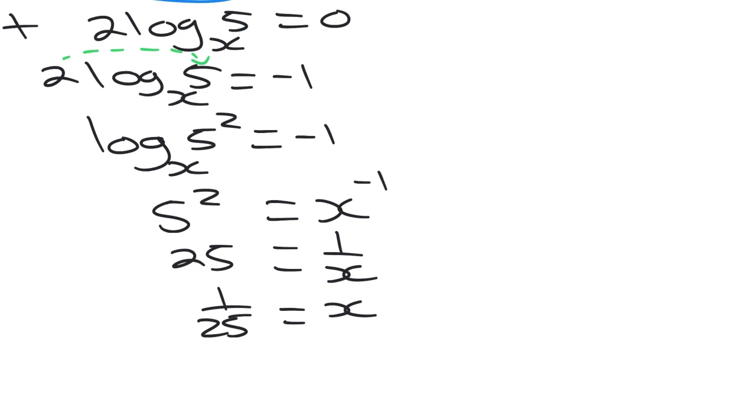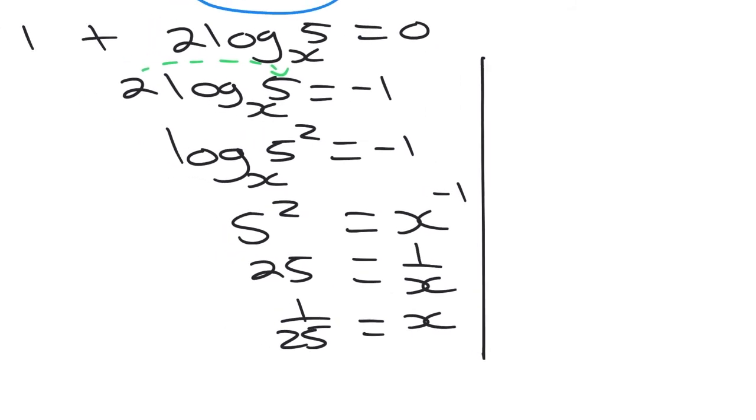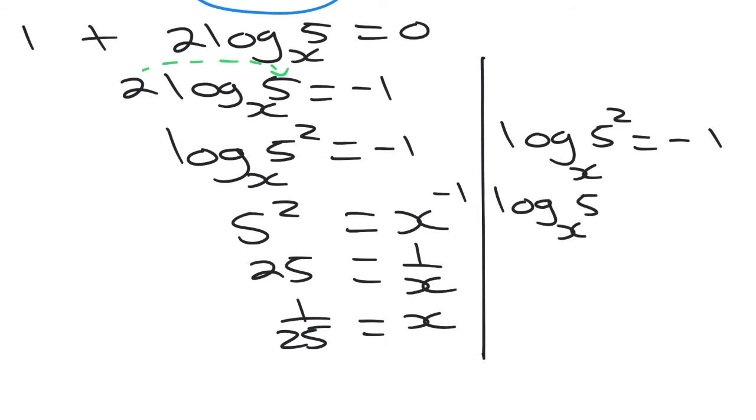But here's another way of looking at it from this step onwards. You can choose which method is convenient for you. Up until this point we had log of 5 to the power of 2 base x is equal to negative 1. So we can write logs on both sides.